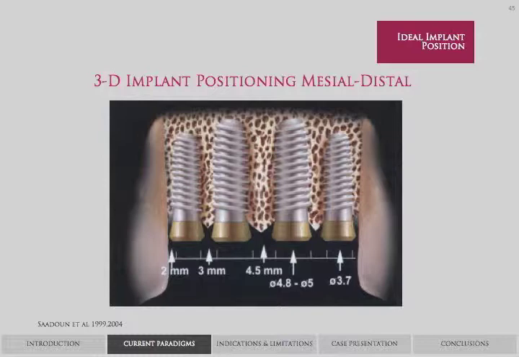In general, if we want to do a cantilever, it's better to cantilever mesially, if possible. But in the front, the forces that we place are about 4 times less than the forces that we put on the back. So cantilevering in the front is a little bit more okay. If we're going to cantilever in the front because of a bone defect or root angulation, that's just something to keep in mind. It may be okay.